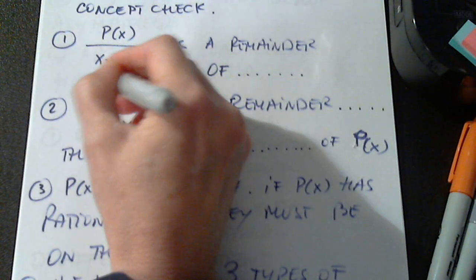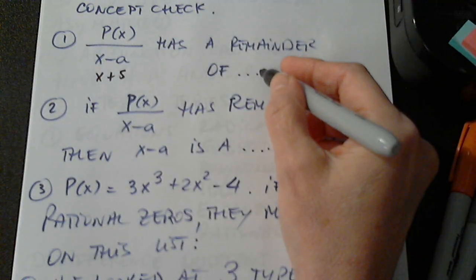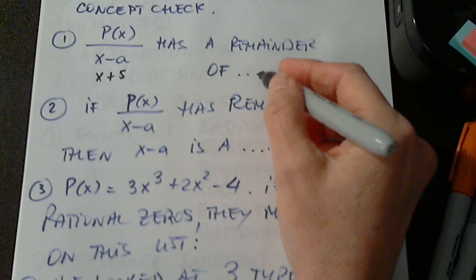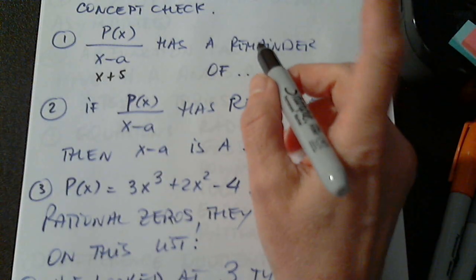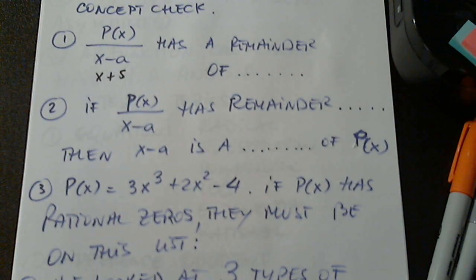What if I have x plus 5? How do I determine the remainder? You would set it equal to negative 5. Okay, so let's go back.